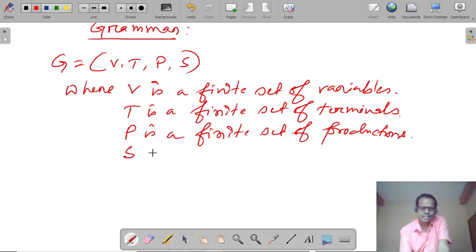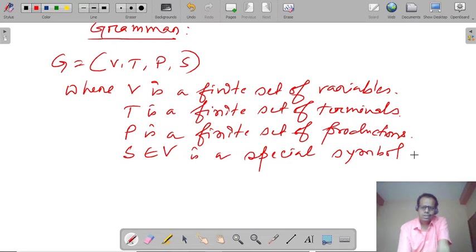and S, which belongs to V, is a special symbol called the starting variable.